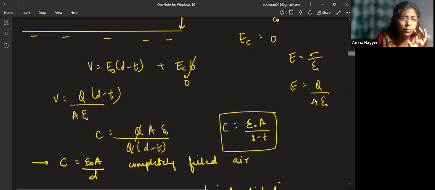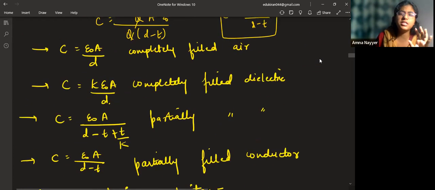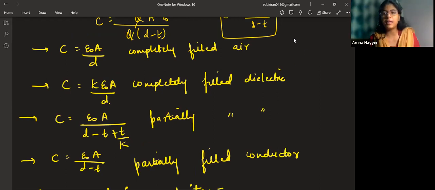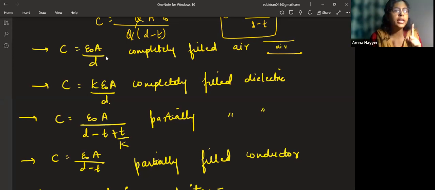Now I'll just sum it up, just a quick short summary, and please revise these 4 formulas, class, because this is the most important portion for you. When the capacitor was completely filled with air, formula was epsilon naught A by d. When between the plates completely a dielectric medium was kept, the formula became k epsilon naught A by d.